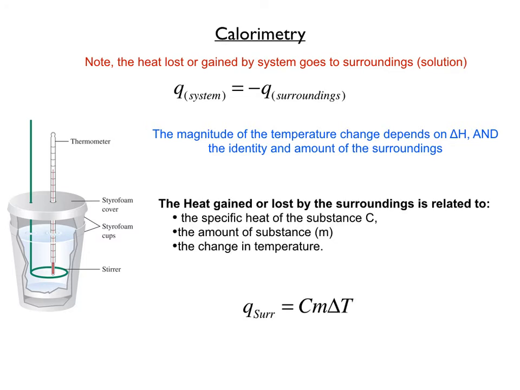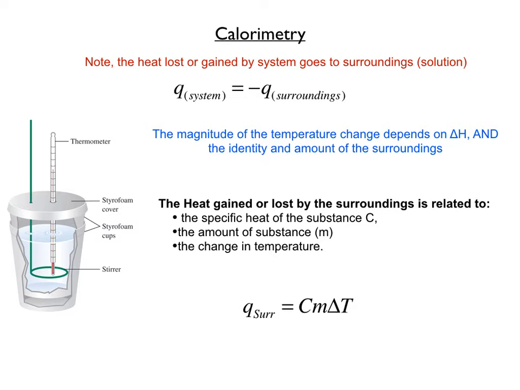So we can summarize that in an equation shown here, where the heat gained or lost by the surroundings is related to the specific heat of a substance, capital C, the amount of the substance, M, usually that's in grams, but it can be in moles, we have to watch our units, and the change in temperature, delta T, which is always final temperature minus the initial temperature.